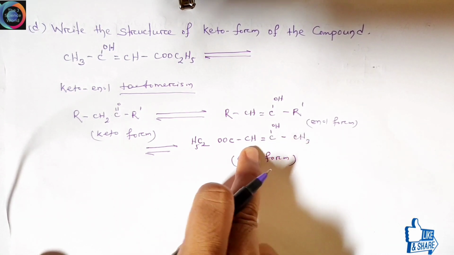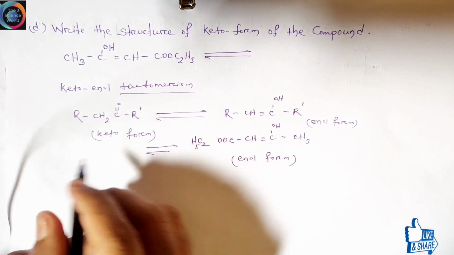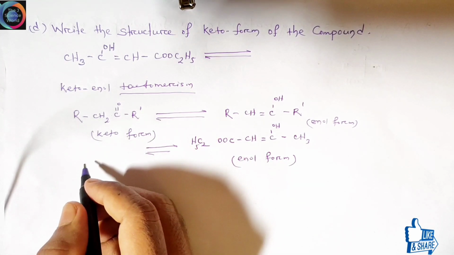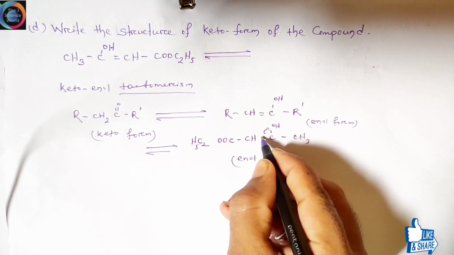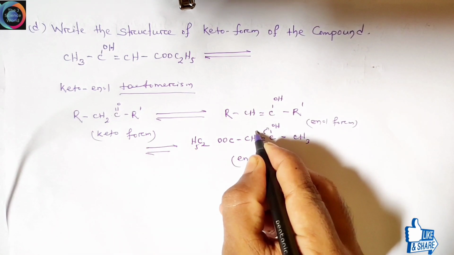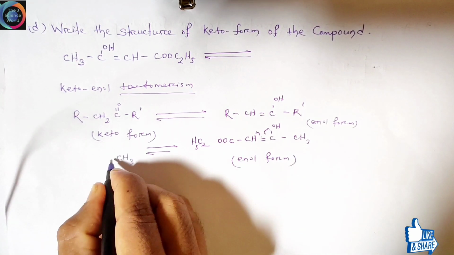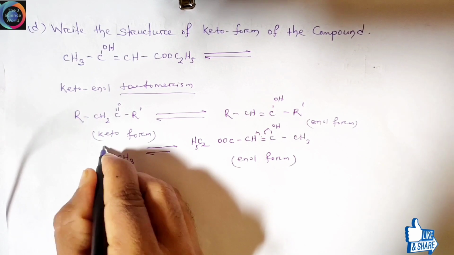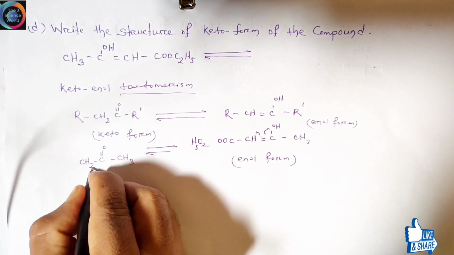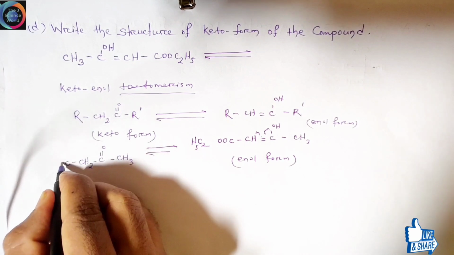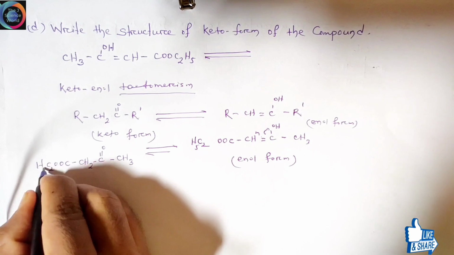We change into the keto form, so simply follow these structures and write CH3, C double bond O, CH2, and COO C2H5.